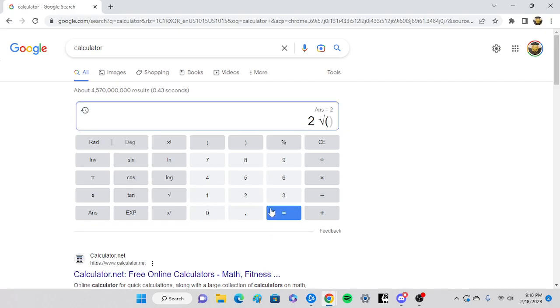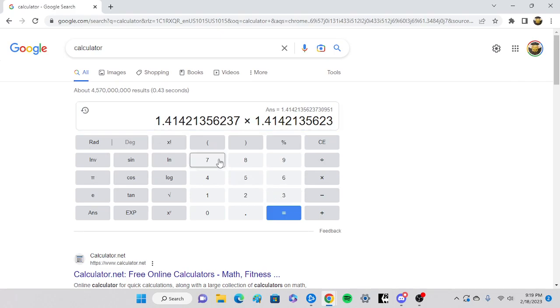You do square root of 2, shoot, square root of 2. Okay, is that thing. Times 1.41413562337. Now, if it's an irrational number, it should be really close to 2, but not quite 2.